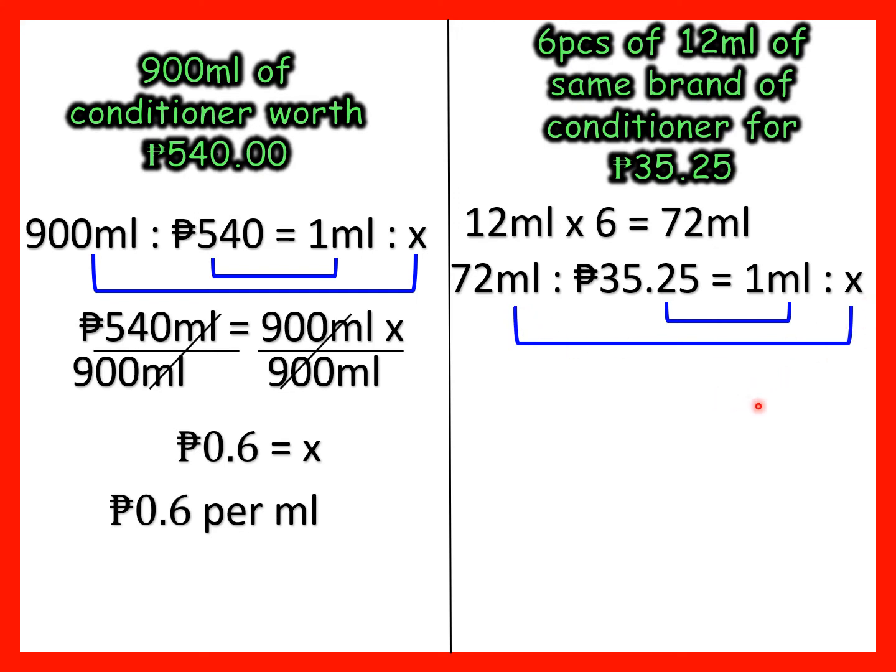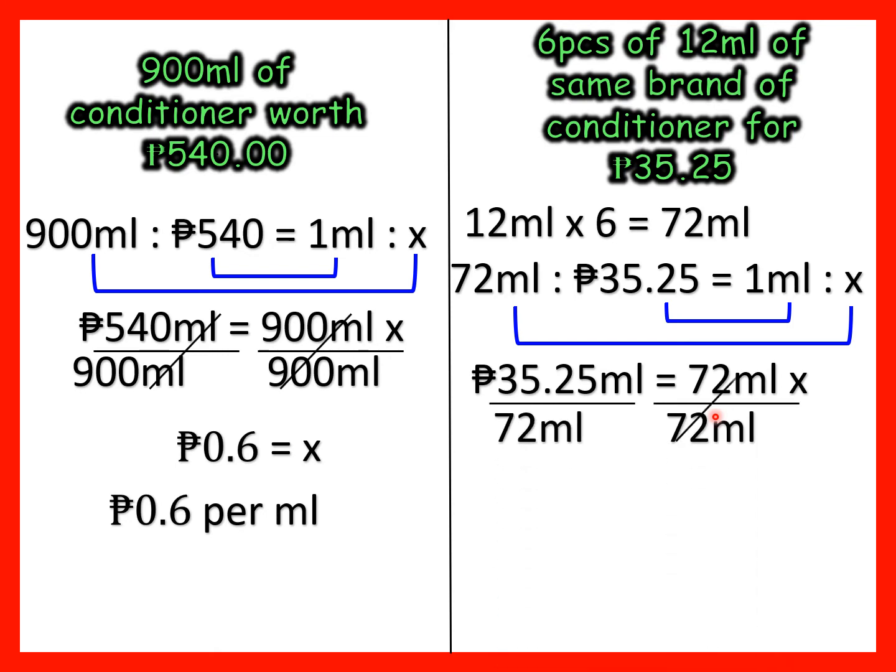Then to solve for x, let's divide both sides by 72 ml. So after that, x is 0.49 pesos. So it means that for every ml, it costs 0.49 pesos.